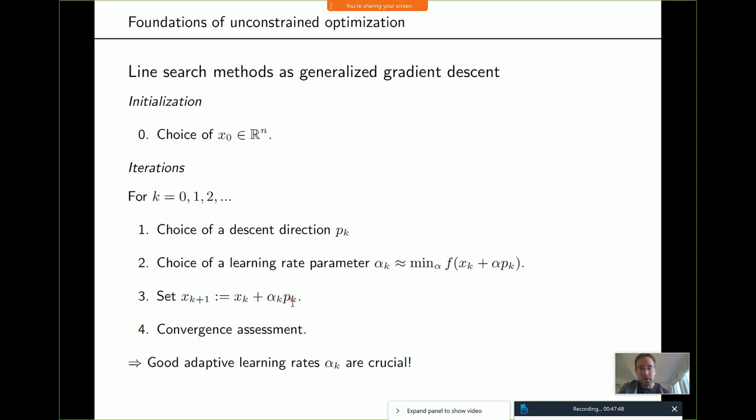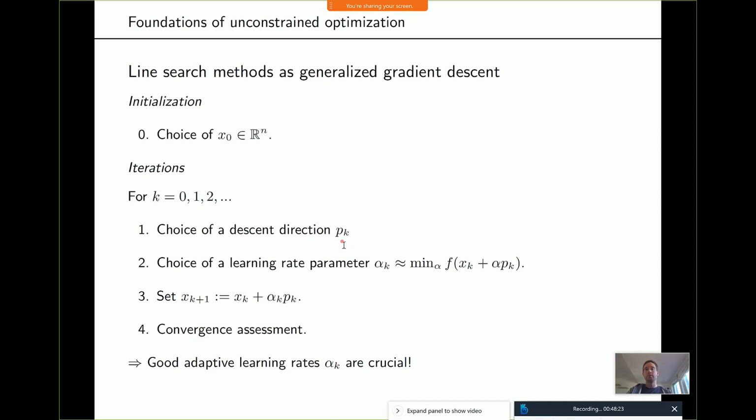If you want to do gradient descent, you would go into the direction of the negative gradient, so you would have minus nabla f(xk) here. My personal view, and also my experience, is that gradient descent with a fixed learning rate is usually not really working that well. With adaptive learning rates, it's usually going okay. And then in the last step, you would do some convergence assessment. If you haven't achieved that, you would again choose a descent direction.